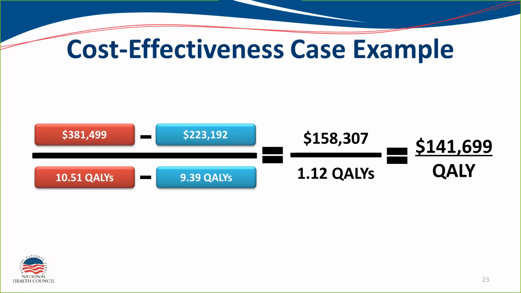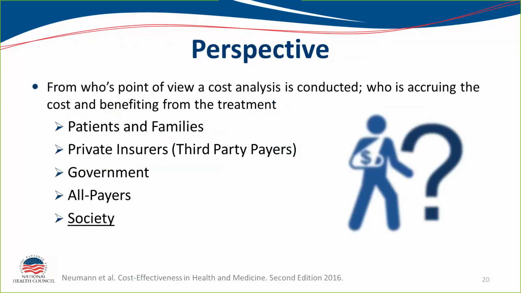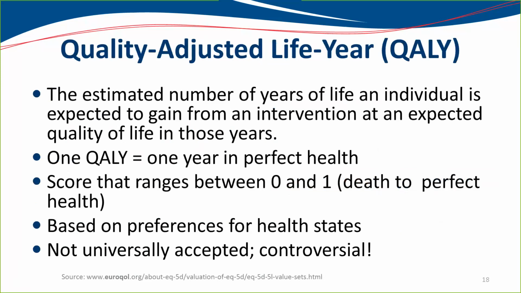Yeah, so I should have clarified that a quality is an adjustment. Let me go back. The best way to explain it, and maybe I'll change the slide to adjust, is that the 0 to 1 is the utility score, not necessarily the exact quality score.